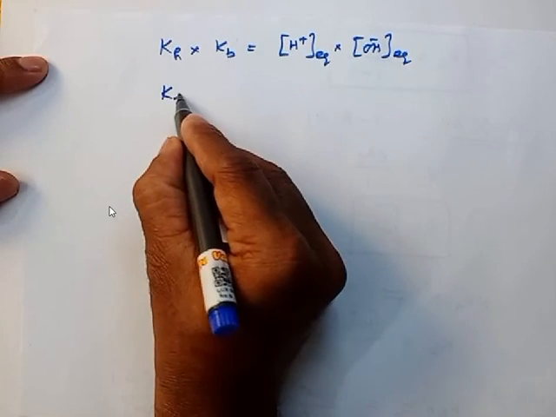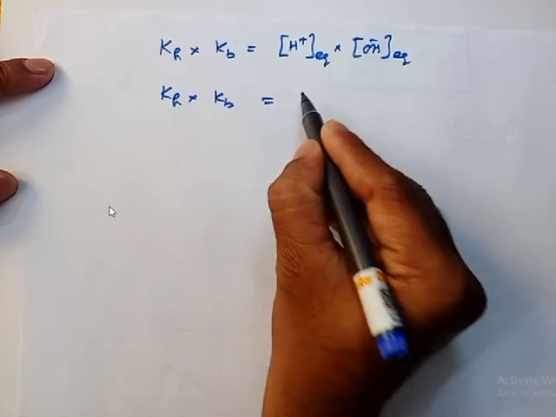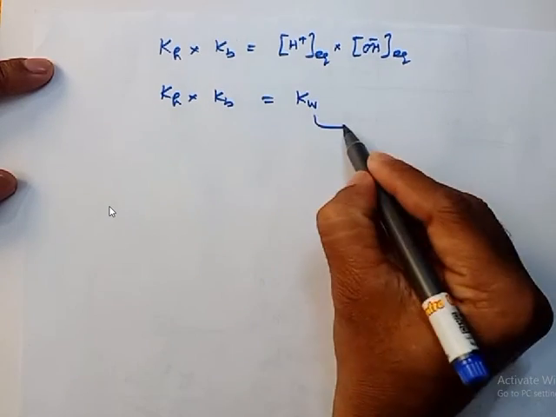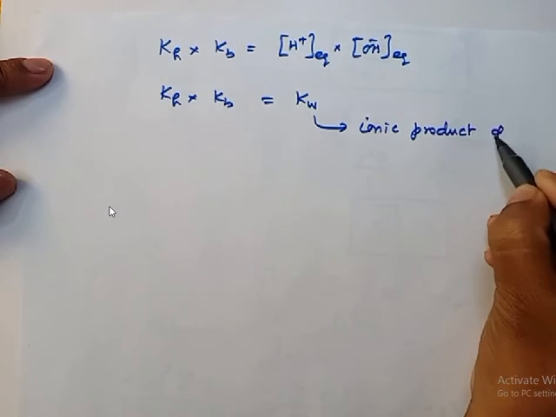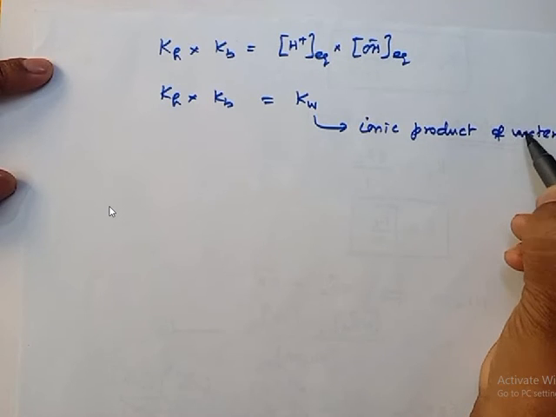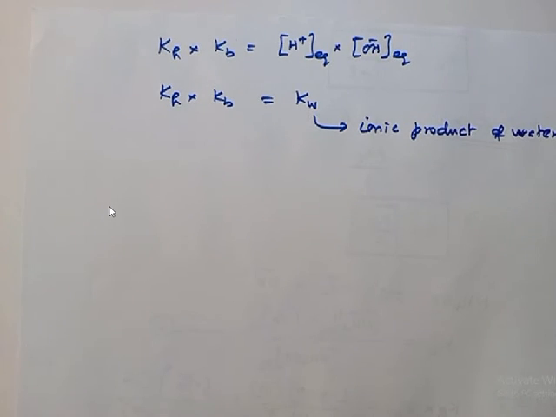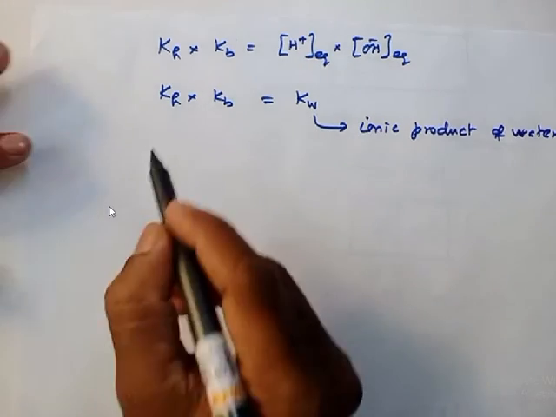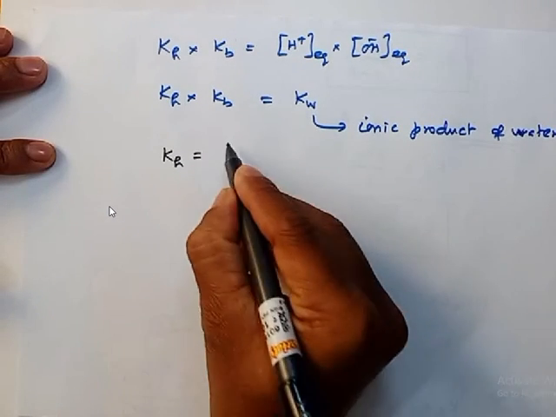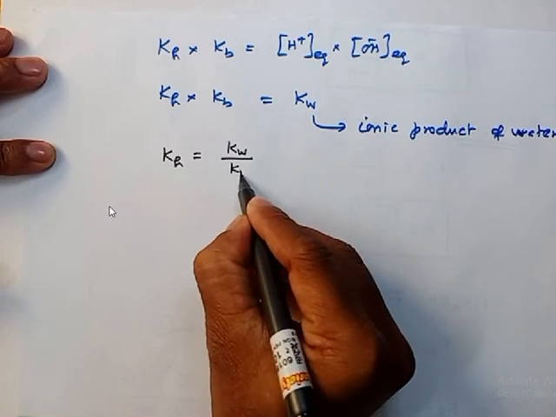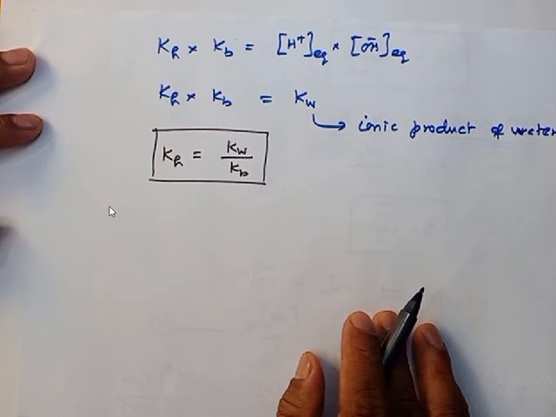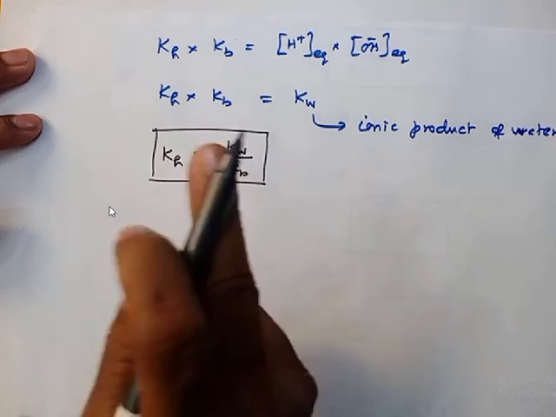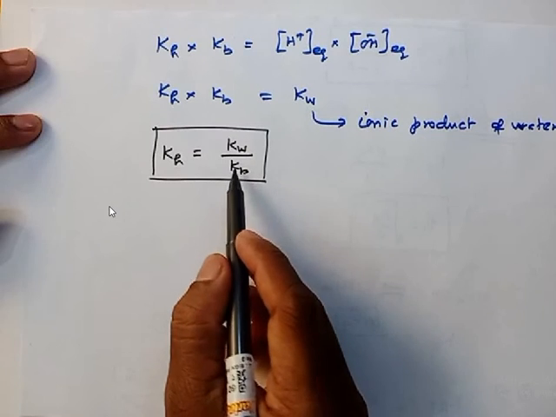So this is nothing but KH into KB equal to KW, where KW is the ionic product of water. Simple. From this we can say that KH is equal to KW by KB. This is the expression for the hydrolytic constant of a salt formed by a strong acid and a weak base. Since the base is weak, we have the KB value here.